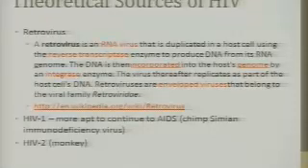Theoretical sources of HIV, you could read through that retrovirus on your own. I went through that. Okay, theoretical sources, there's HIV-1, which is the one that we deal with in this country, and theoretically that came from a chimpanzee, okay, who had simian immunodeficiency virus, and eventually it transferred through blood contact.